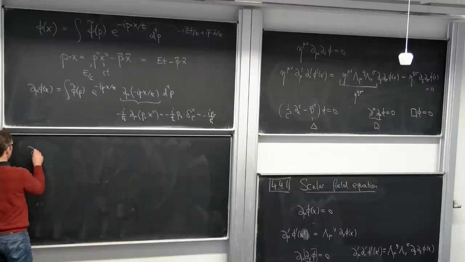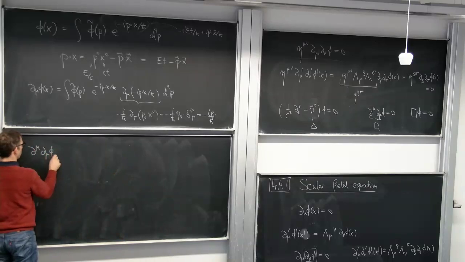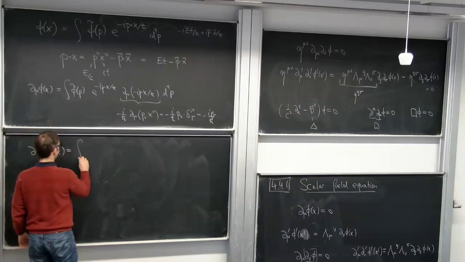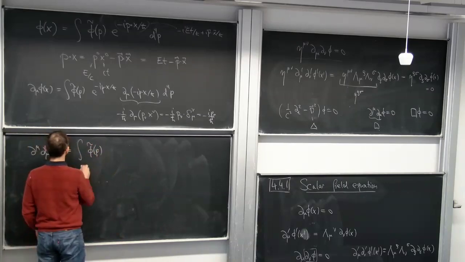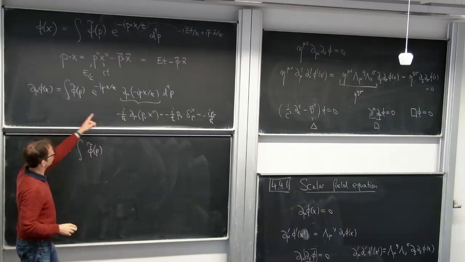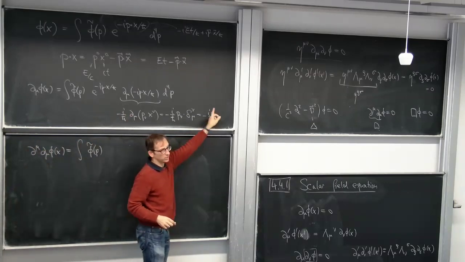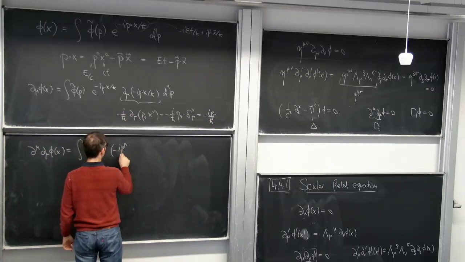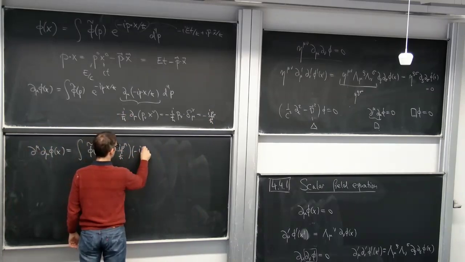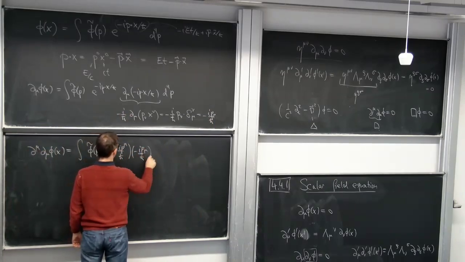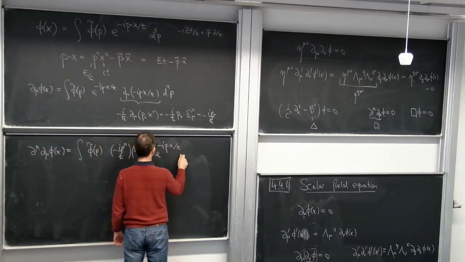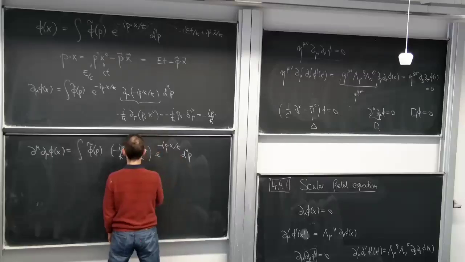Now the second derivative is doing pretty much the same thing. It'll go through, but have an upper index, so I have minus i p^mu, minus i p^mu, and e to the minus i p·x over h bar, d for t.